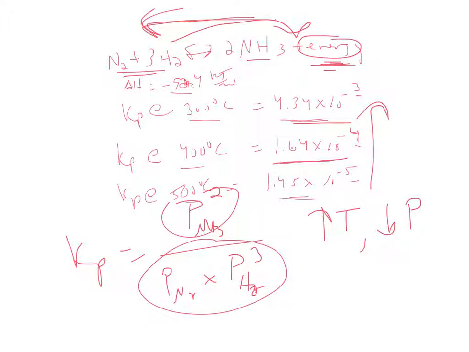So we can treat energy the same way in predicting what the change in temperature will do to equilibrium and to the system to return to equilibrium, and that's what LeChatelier's principle is all about.